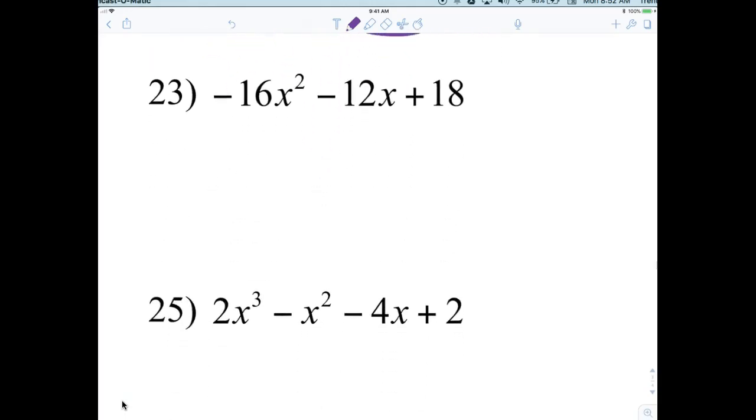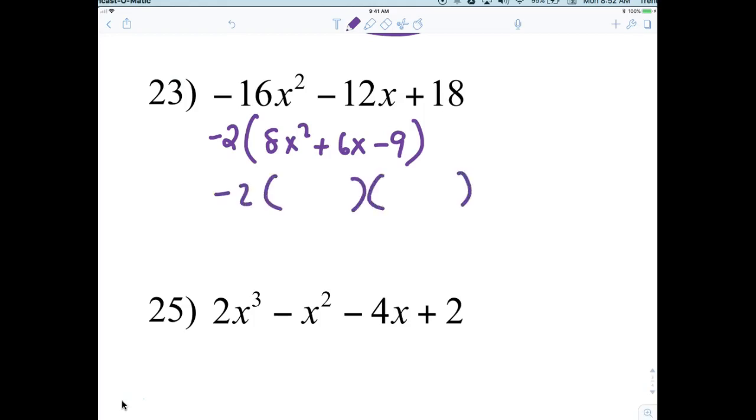What's common with 16, 12, and 18? What is it to 18? Negative 2, right? The leading coefficient is negative. We're going to pull out a negative. So when I pull out negative 2, I end up with negative 2, 4x and 2x.